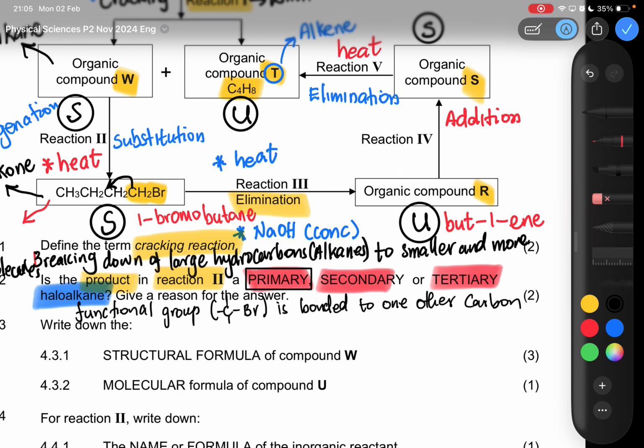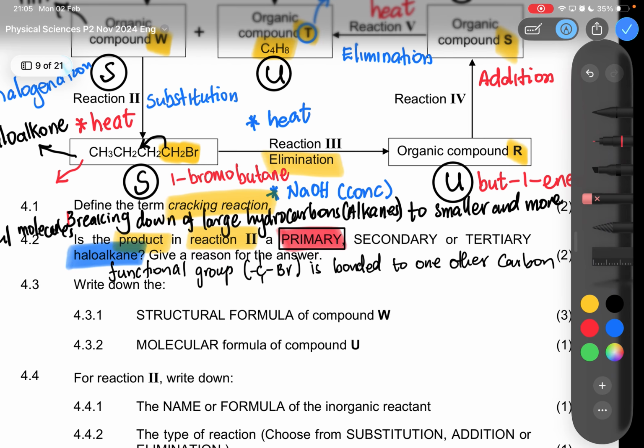So primary is the answer. Then the next question.